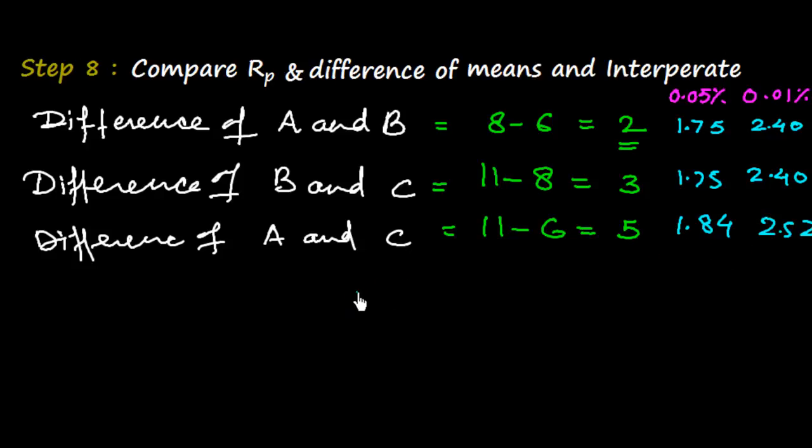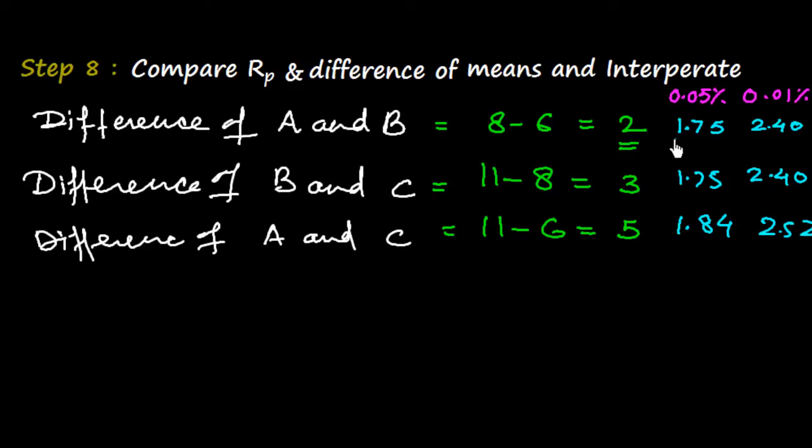So now we interpret the result. How do we get the interpretation of this? This is for three groups, and we see the smallest and the largest value. We are getting the difference of the smallest and the largest, and it would be for all the three groups. Here you see at 5%, if we see the A and B group, the 2 is greater than 1.75.